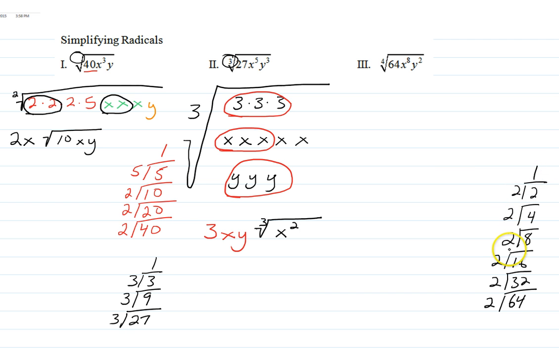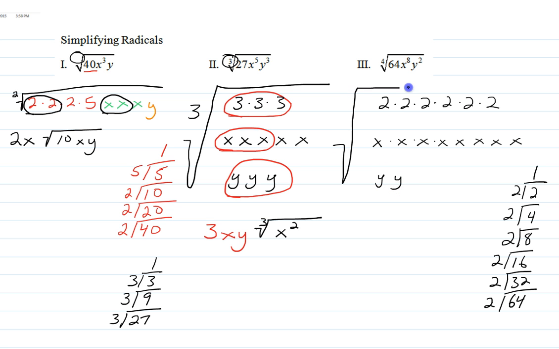I have 1, 2, 3, 4, 5, 6 2s. So I'm going to write those here. Now I have x to the 8th, so I'm going to write 8 of them. And I only have 2 y's. So I'm going to put this all under the radical with an index of 4.